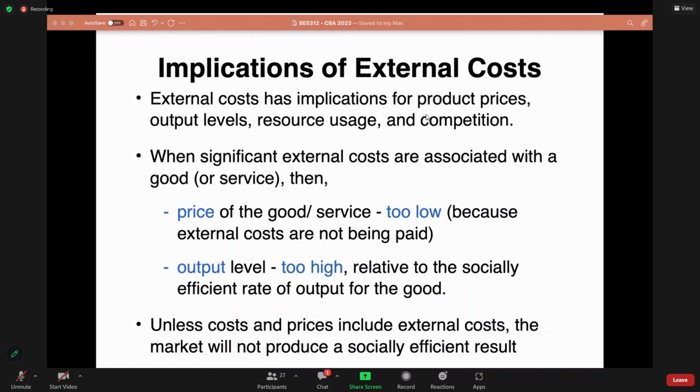People might be buying my product a lot because it's very cheap. So I'm producing more and more, and I am causing more and more external costs which are not captured anywhere. So unless these external costs are reflected, that's not a very socially efficient situation.